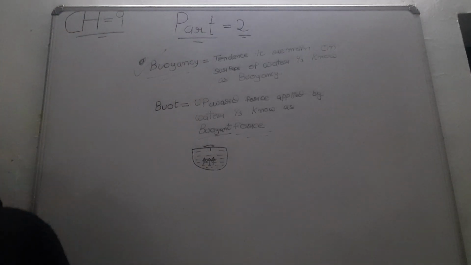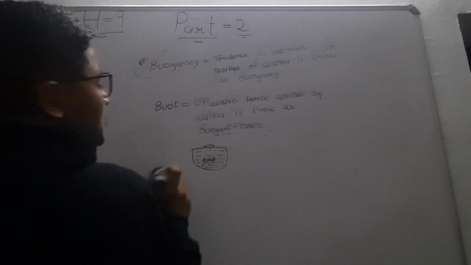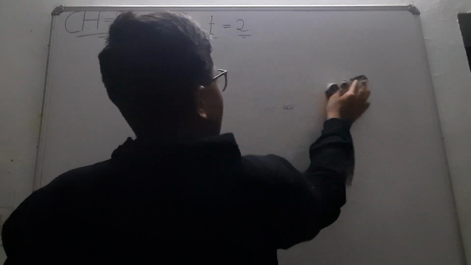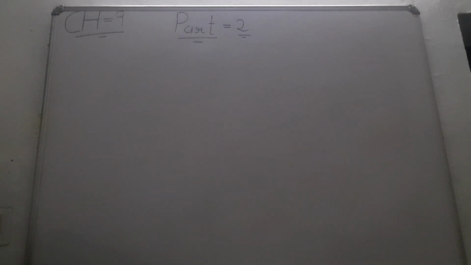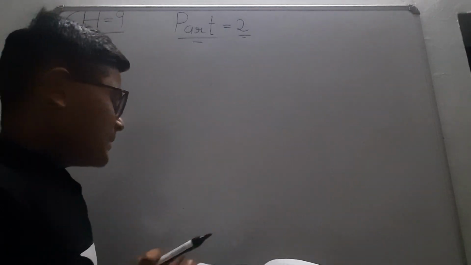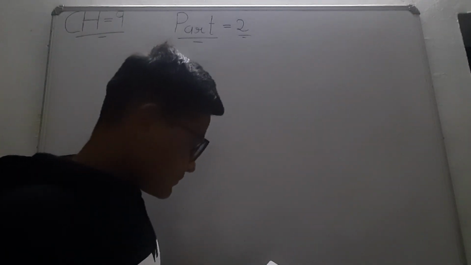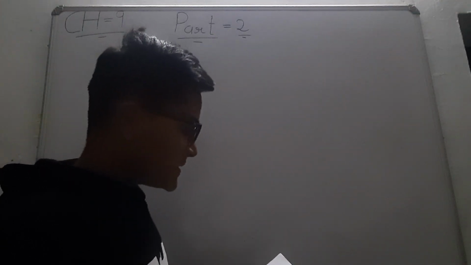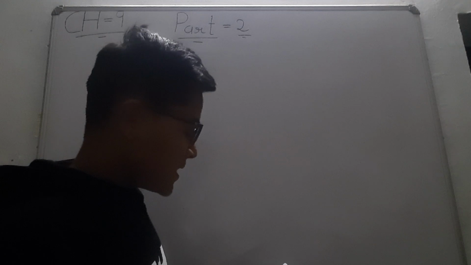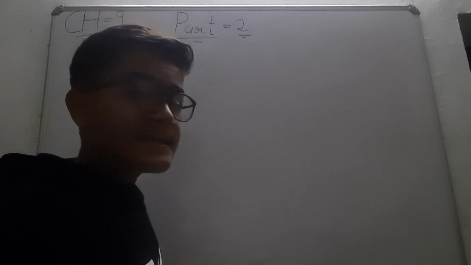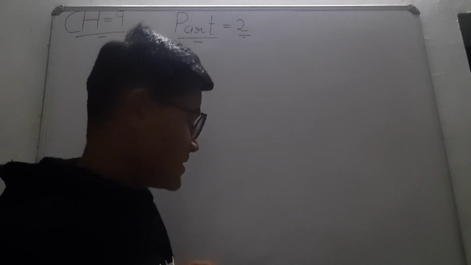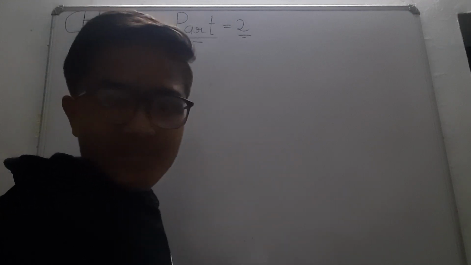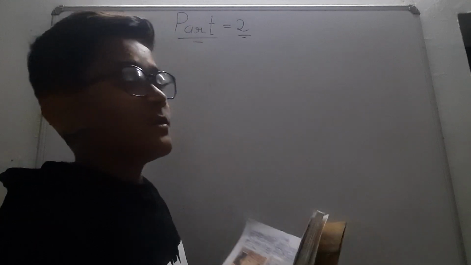So let's see quickly, what is the Archimedes principle and who is Archimedes? Archimedes was a Greek scientist who discovered the principle. He discovered an unnoticed force applied by water, which is known as buoyancy.